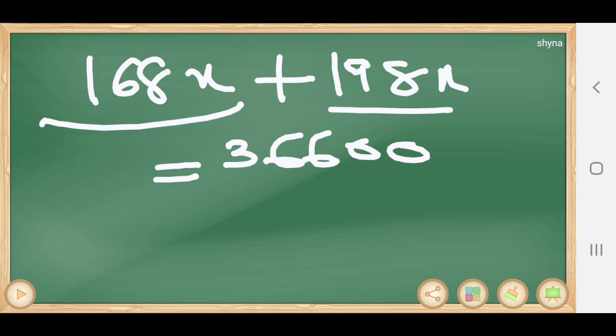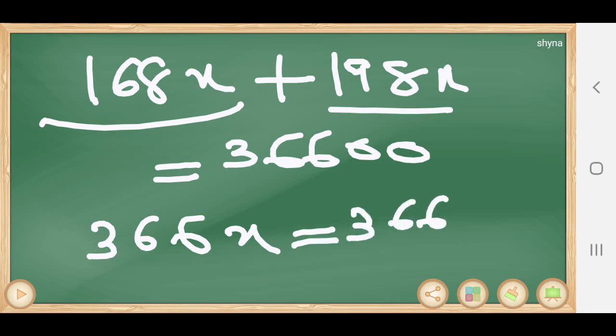Then adding these two, 366x equal to 36,600. Then what is x?